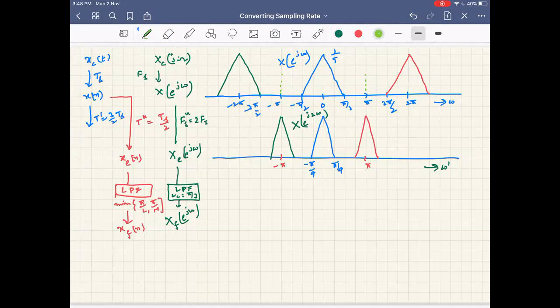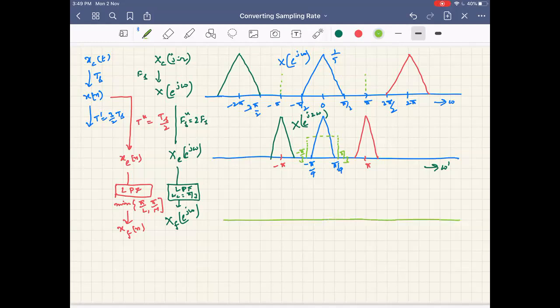So pi by 3 is from where to where? From minus pi by 3 to pi by 3. Now the spectrum looks like this.